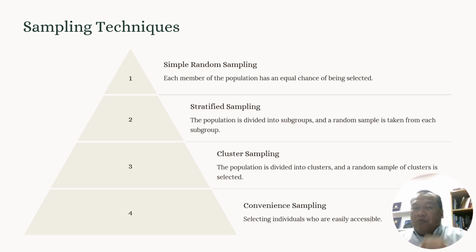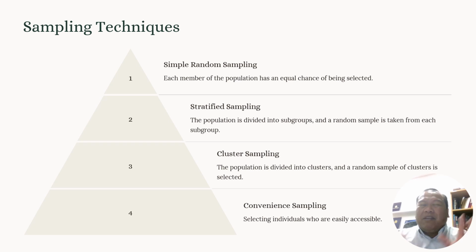Number one, the random technique. Number two, the stratified technique. Number three, the cluster technique. And number four, the easiest technique: choose whoever is convenient to you, who can meet you at the time that you want, who is easy and willing to join without any trouble, who is available.